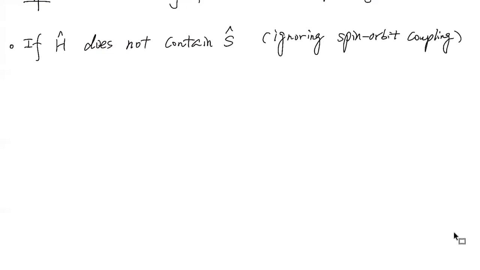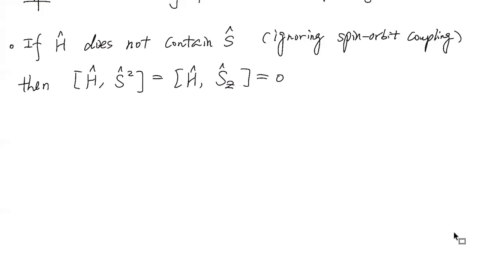Because the spin-orbit coupling operator is a product of the angular momentum and the spin angular momentum, and if you include this term in your H, then the system becomes somewhat complicated. But if we don't consider that term, then it's easy to show that H and S squared, or H and Sz, commute with each other.